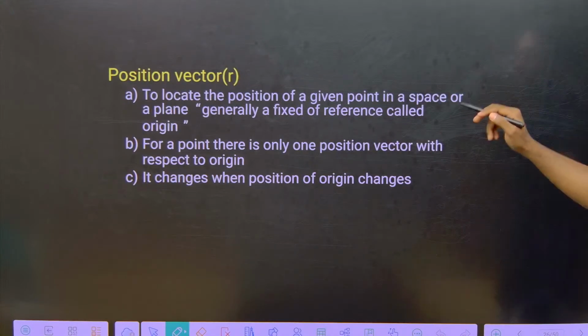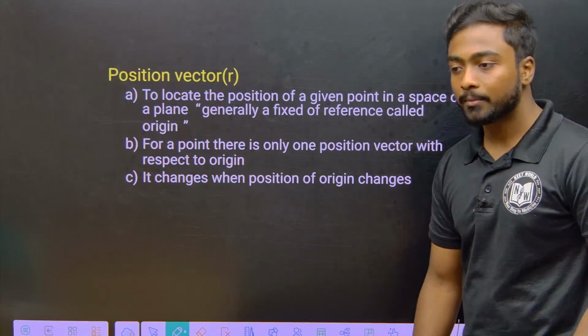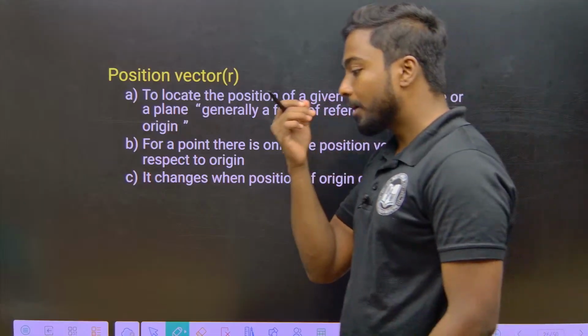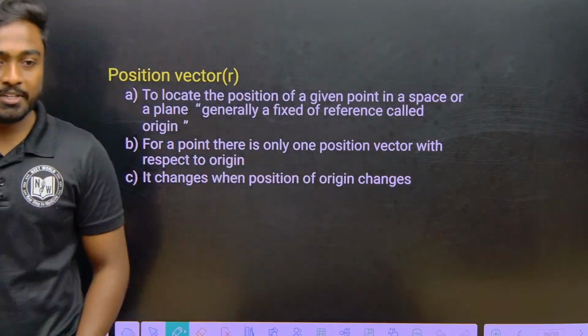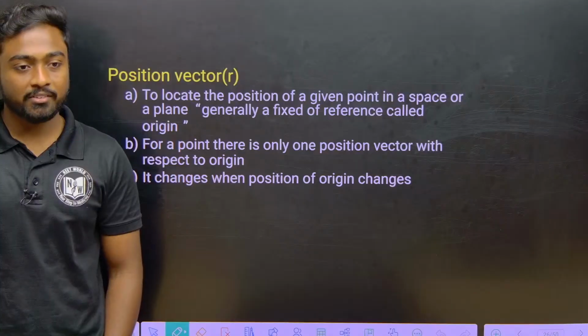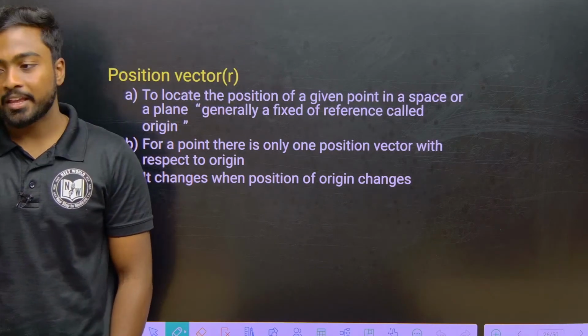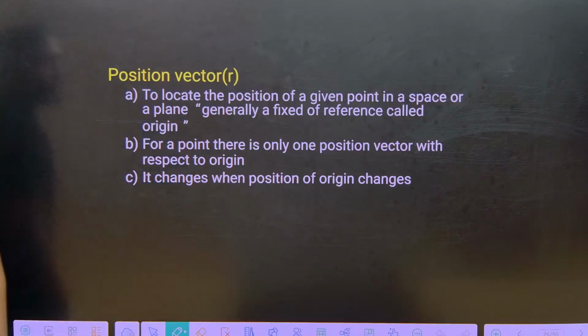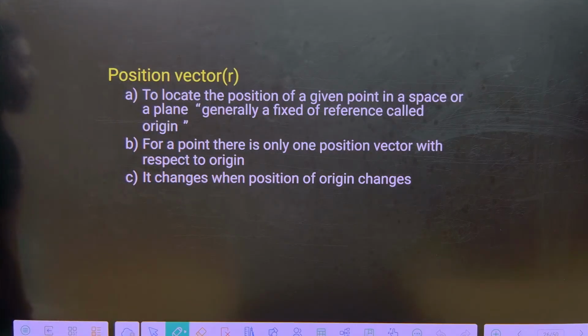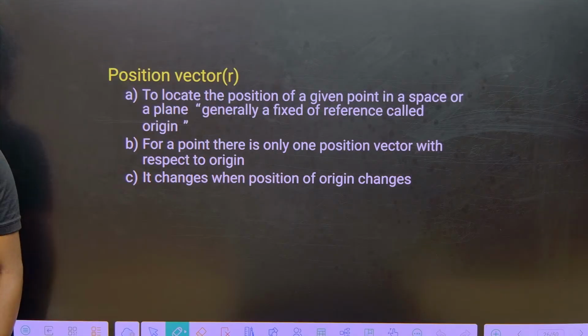Next one is the position vector, which is denoted by the letter R. Position vector is nothing but, if I try to locate an object in space, that position is said to be a position vector. It can be in i cap, j cap and k cap. To locate the position of a given point in a space or a plane, generally we fix a reference called origin.